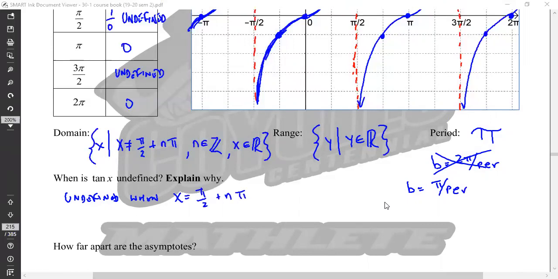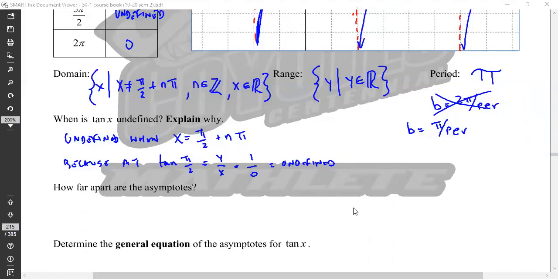Why? Because at tan pi halves, tan of pi over 2 is equal to y over x, which is equal to 1 over 0, is undefined.